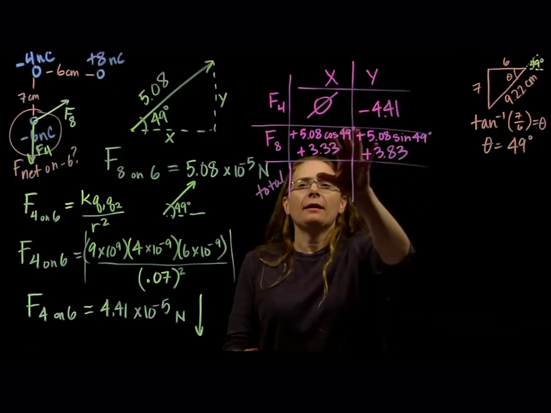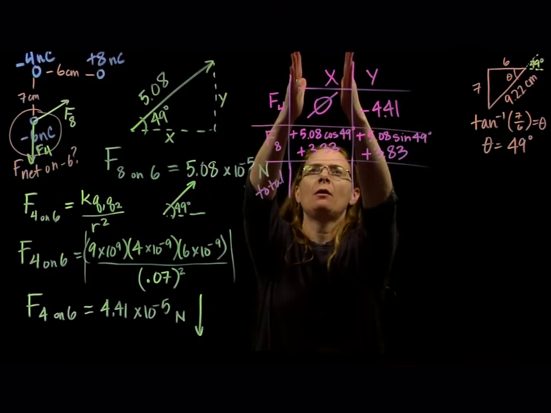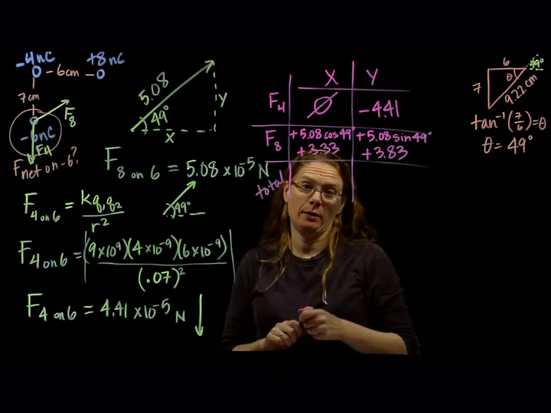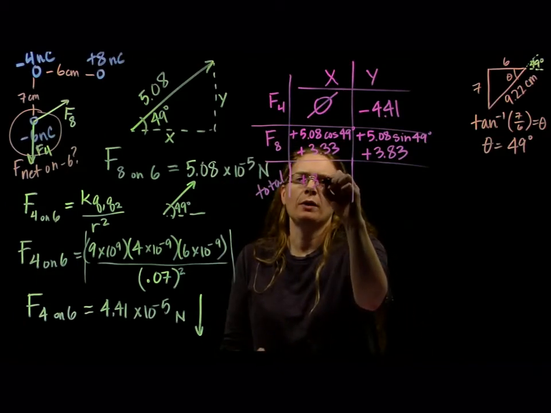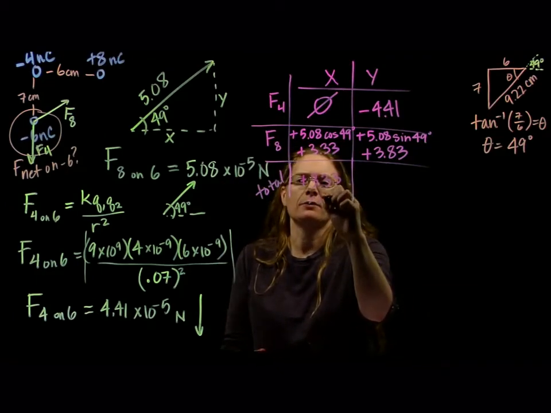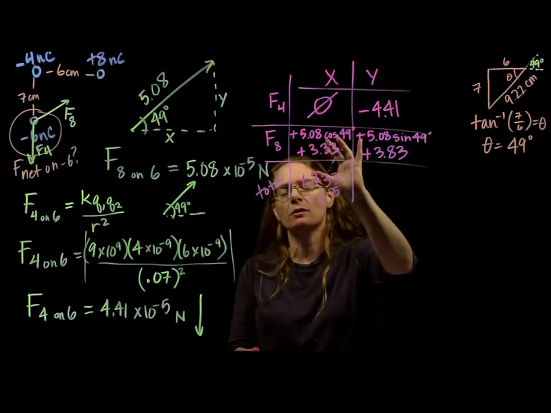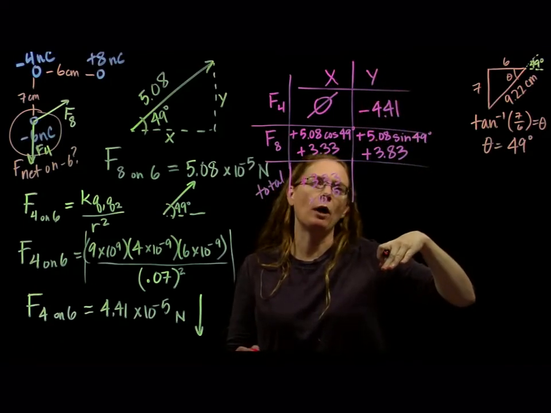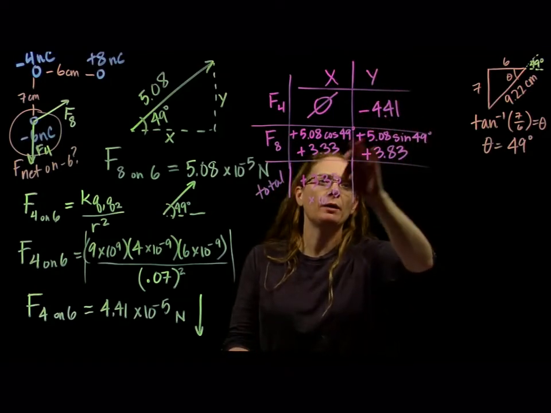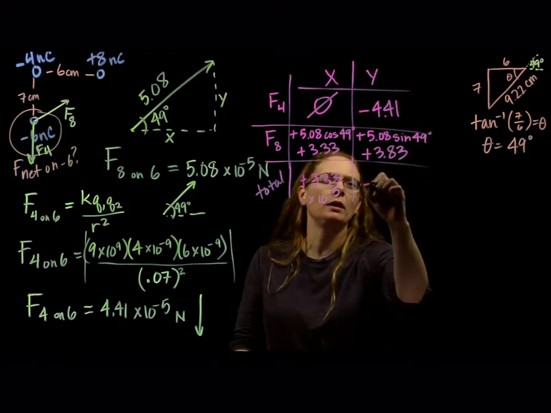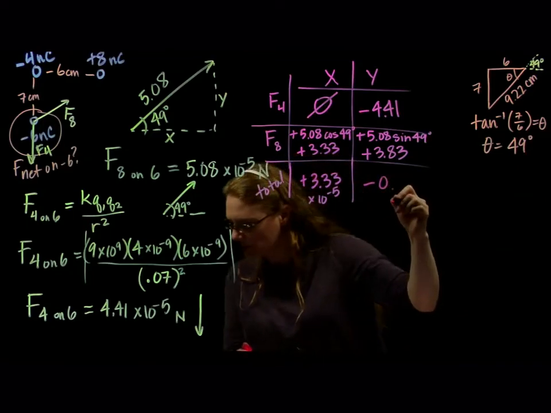I've got everything, now I can add them up. So here are all my x's. I can do that one in my head. Plus 3.33 times 10 to the minus 5. So that is the total force in the x direction. Same thing with y. Negative 4.41, positive 3.83 gives us 58?